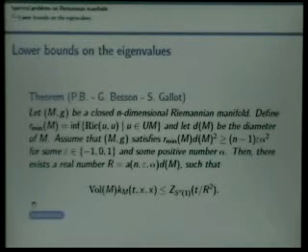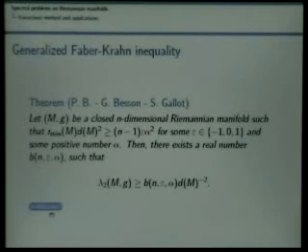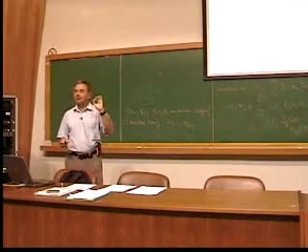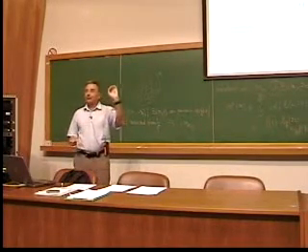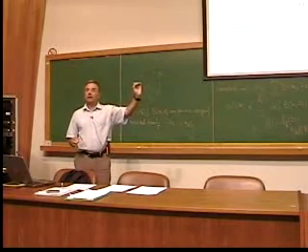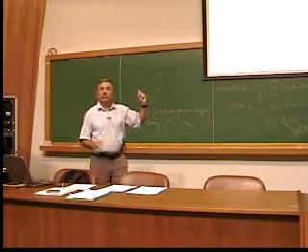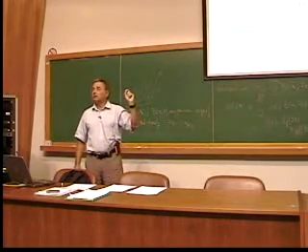In fact, I would like to explain something simpler, which is not to consider all eigenvalues, but the first eigenvalue on the closed manifold is 0, so that's very simple to estimate. And then you look at the next one. We know that the next one is strictly positive, and the point is to estimate the first non-zero eigenvalue from below.